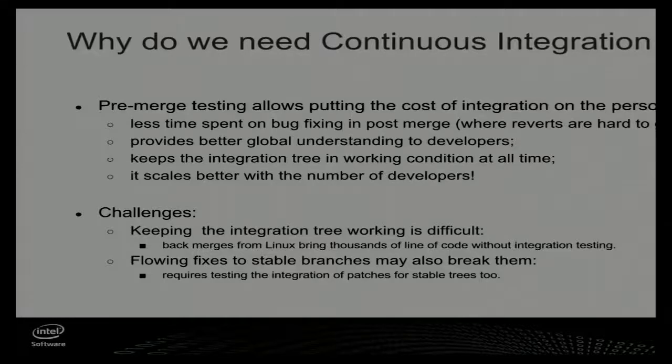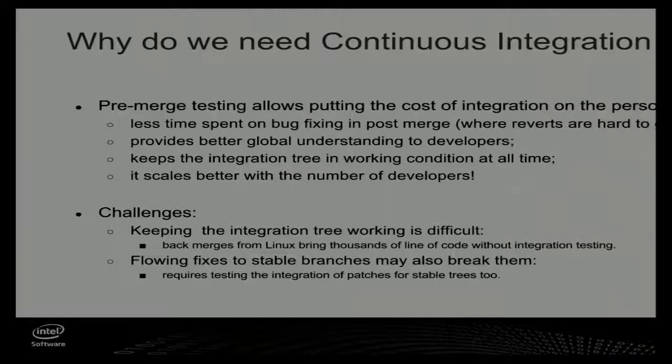So that's a lot of code landing at once that is untested. So usually RC1 is a big problem for us. It used to take, I don't know, 2 weeks to stabilize everything. Now we are usually down to 2-3 days. So a huge improvement thanks to CI, but it is still problematic.